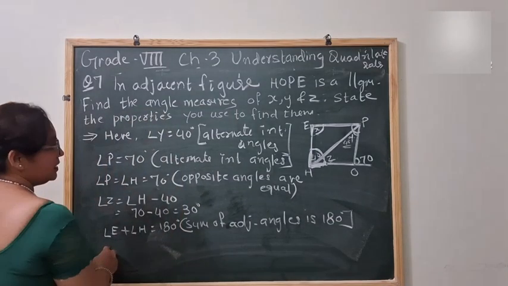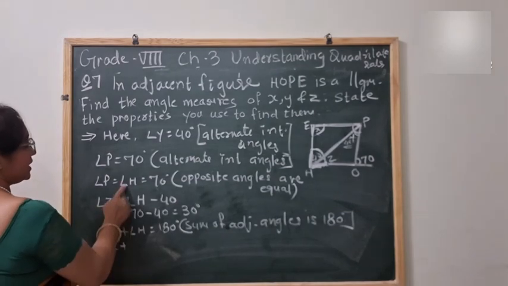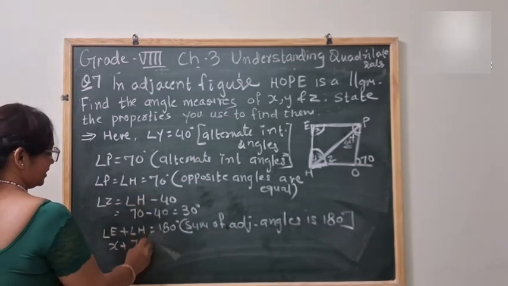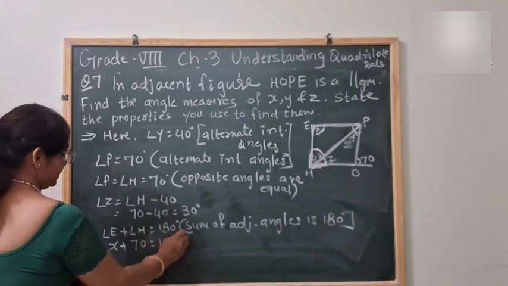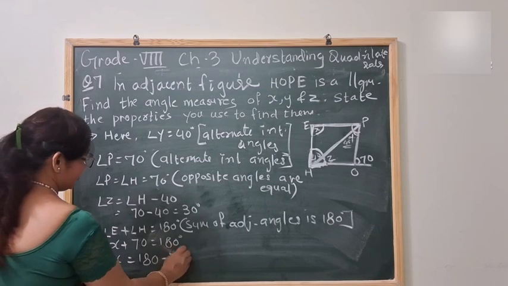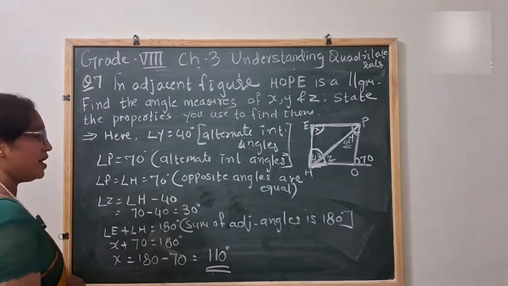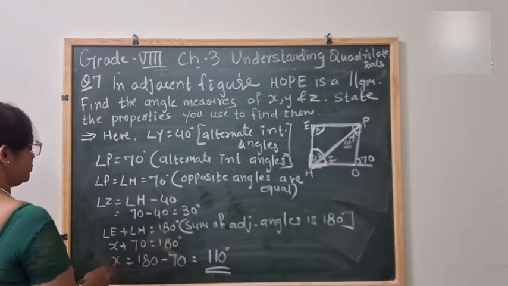So what is angle E? It is X. What is angle H? H we have supposed as 70. X plus 70 is equal to 180 degrees. So X is equal to 180 minus 70, which is 110 degrees. So we have got the measure of X also.